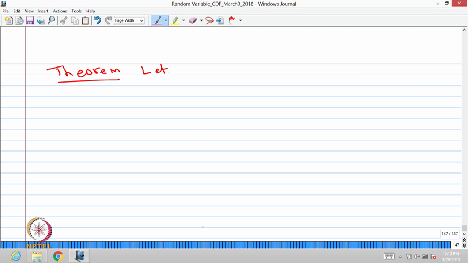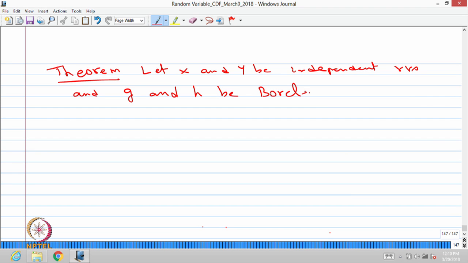Let X and Y be independent random variables, and g and h be Borel measurable functions, then we will conclude after we get the result. So, let me keep the "then" as it is.